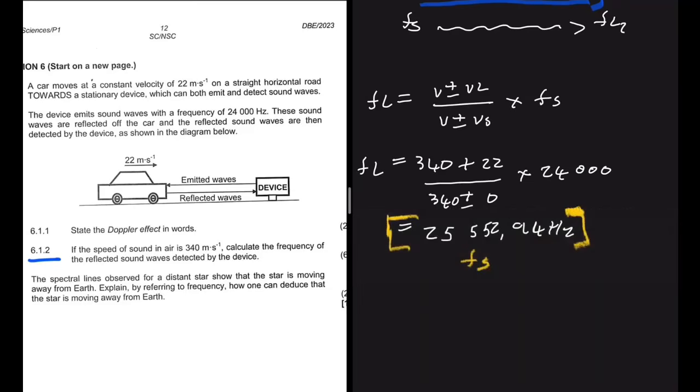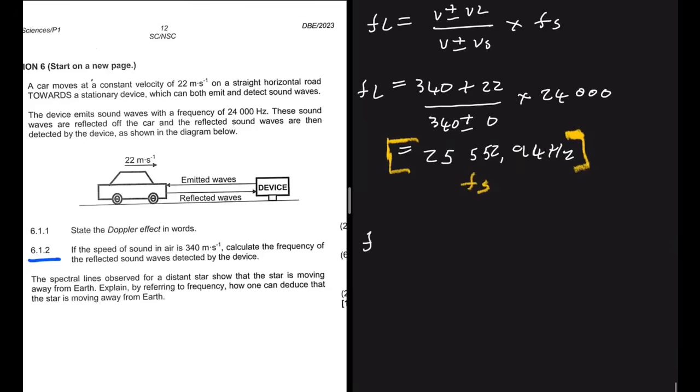So what am I saying? We're saying that now we have FL equals V plus or minus VL, divided by V plus or minus Vs, multiplied by the frequency emitted by the source. FL is what we're looking for, the frequency detected by the device after it has been reflected. That will be equal to 340, and now our listener is the device.